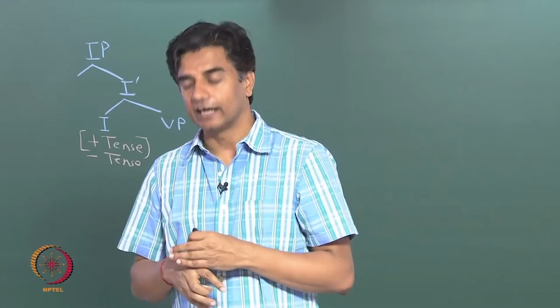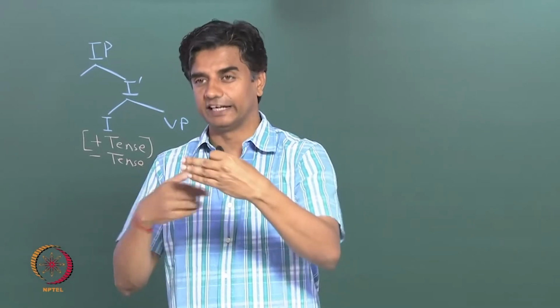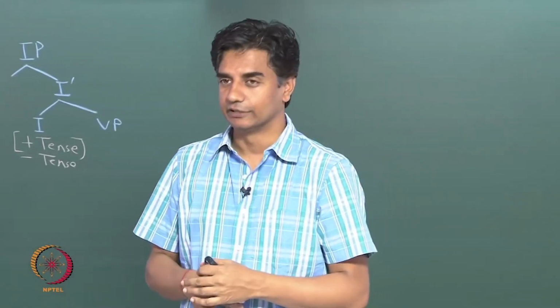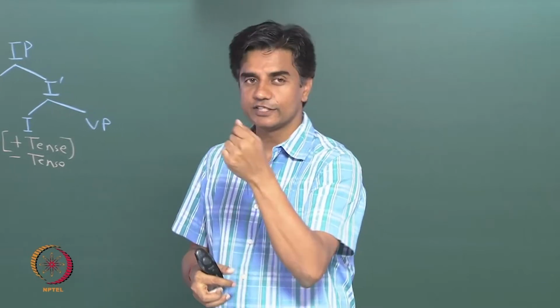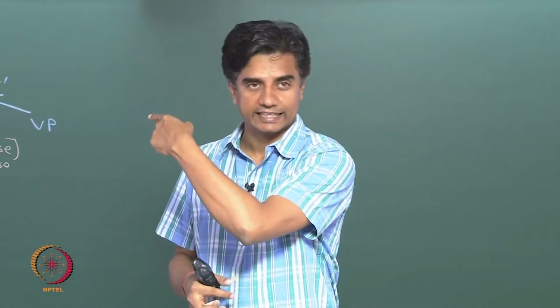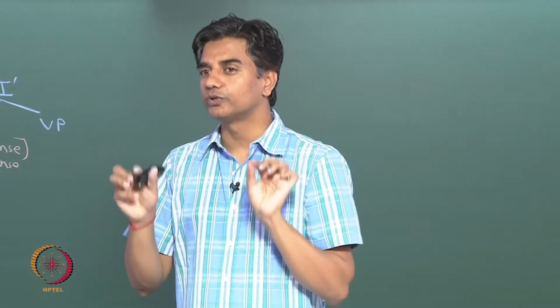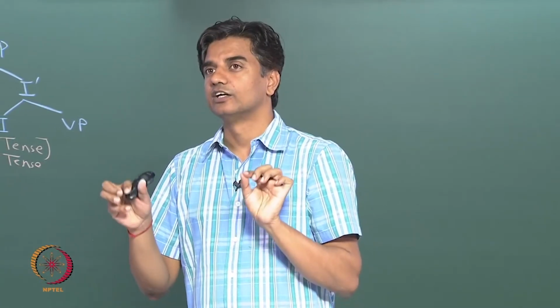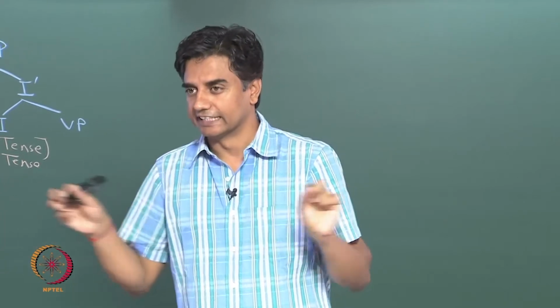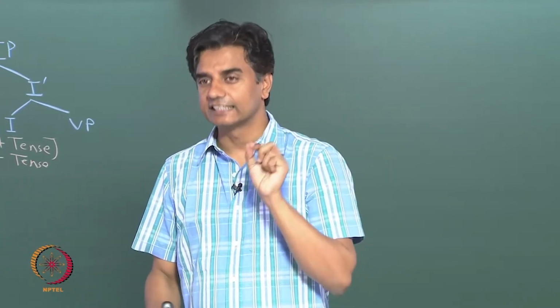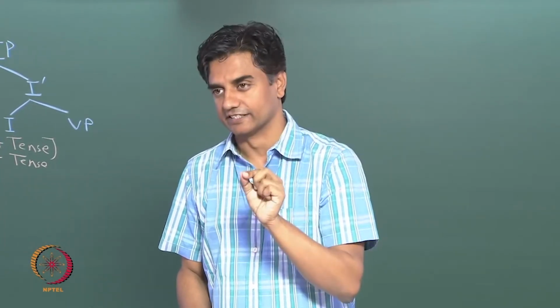And the answer to this finite and non-finite question is the following. Listen to me carefully looking at the sentence. The whole sentence, for him to go to Delhi is not possible, is a finite sentence. The tense in this sentence is present.